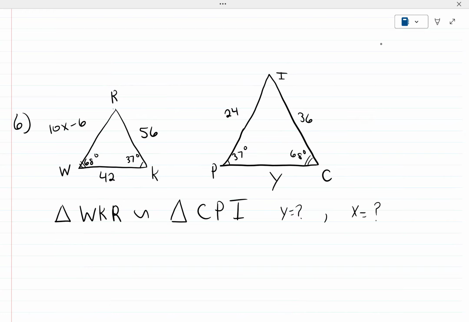Something is flipped, because angle K is not congruent to angle C. Angle K is with angle P, and angle C is with angle W. So how should we set it up?